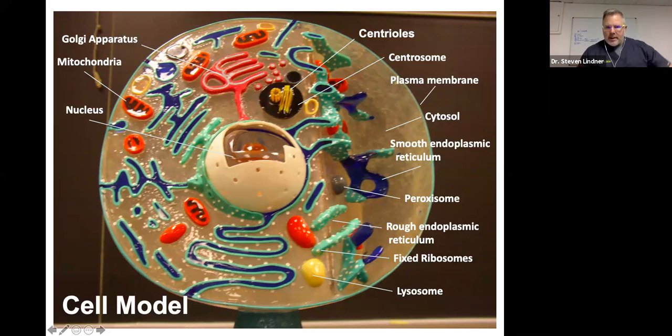Now, there's going to be some description coming up, but on the first lab exam, you'll probably see questions that relate to identifying these structures, and there'll also be questions that relate to the function of these structures. So you have to be able to do both, identification and function.